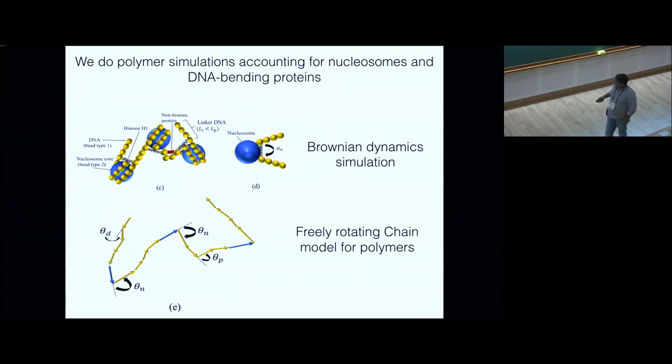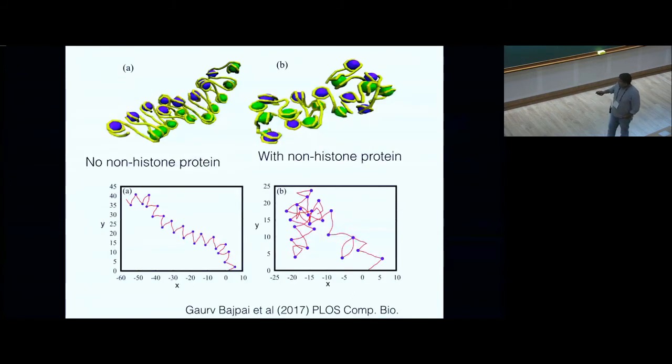In this model, if you have no non-histone proteins and a regular arrangement of nucleosomes, our simulations find a regular arrangement like this. But if you add non-histone proteins, the proteins that bind and bend the DNA randomly in the linker regions, one would find an irregular structure.